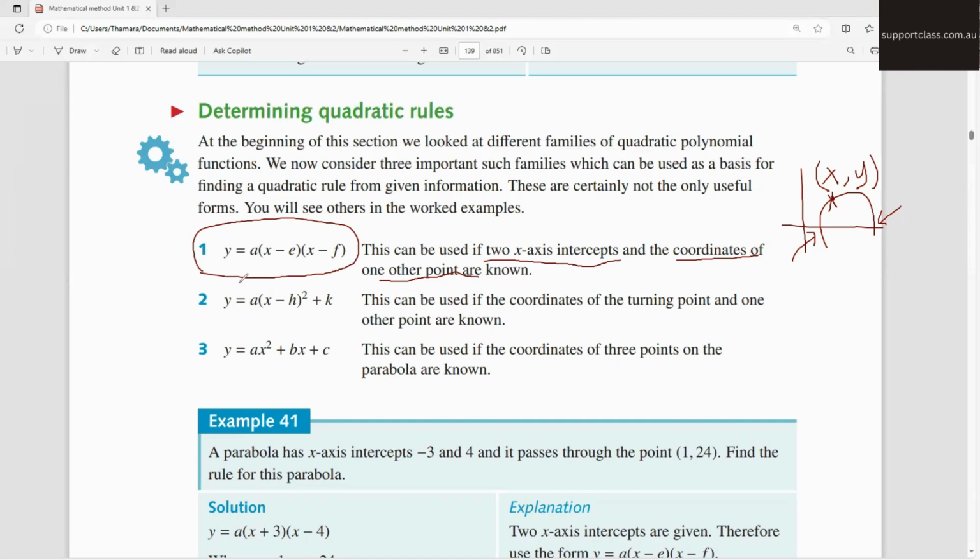The second family is the turning point model. Remember that? We have discussed the turning point model. This is the x coordinate of the line of symmetry, and this is the y coordinate of the turning point.